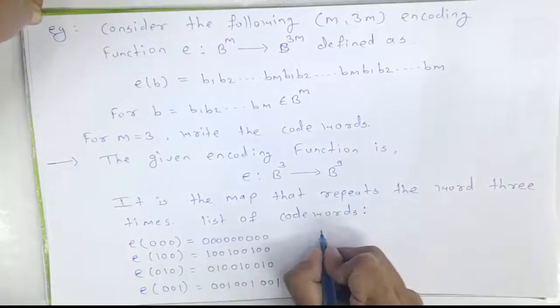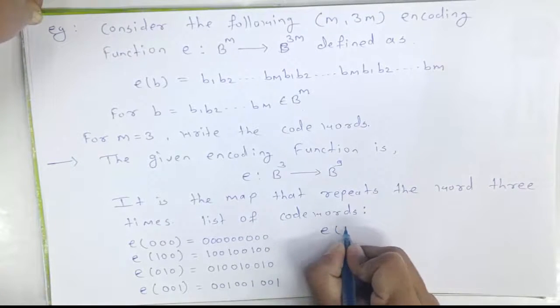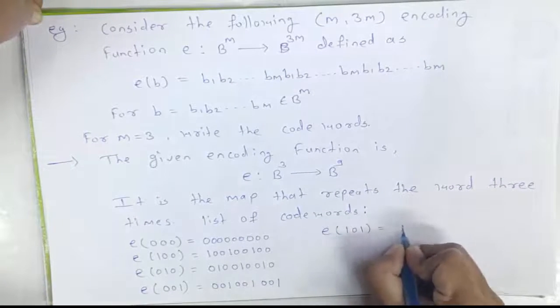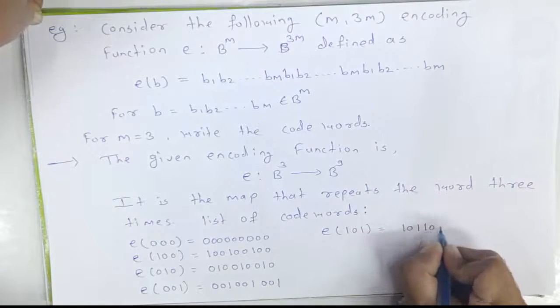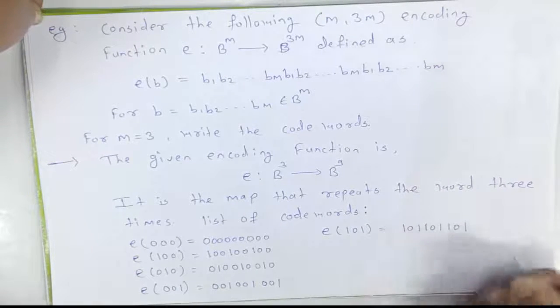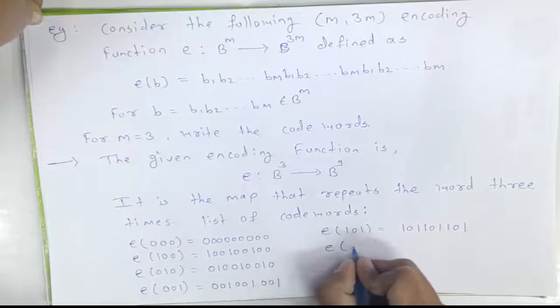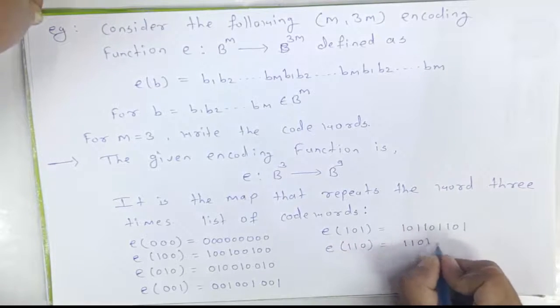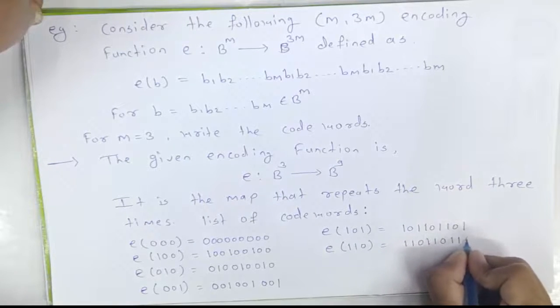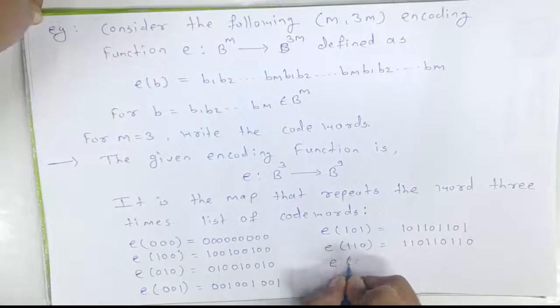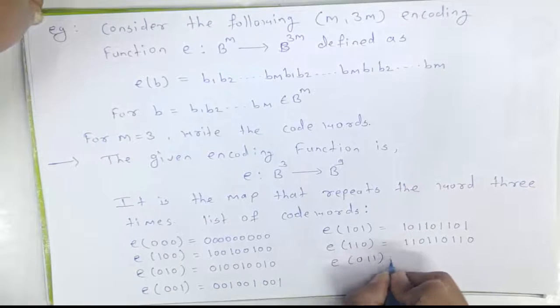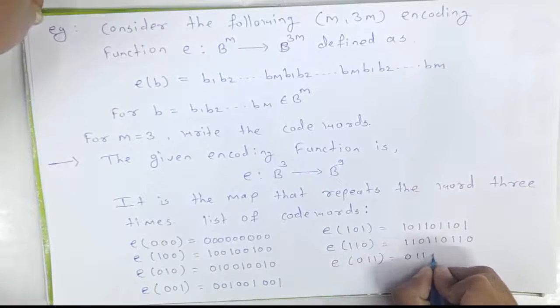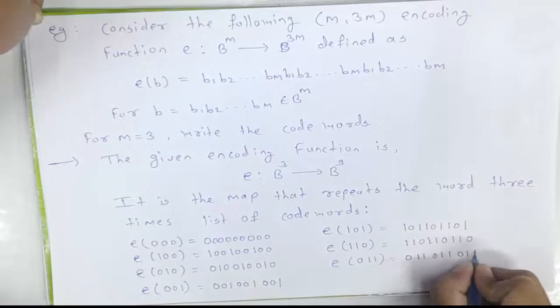Repetition 3 times. Then next, E of 1 0 1 gives 1 0 1, 1 0 1, 1 0 1. Next, E of 1 1 0 gives 1 1 0, 1 1 0, 1 1 0. Then next, E of 0 1 1 gives 0 1 1, 0 1 1, 0 1 1.